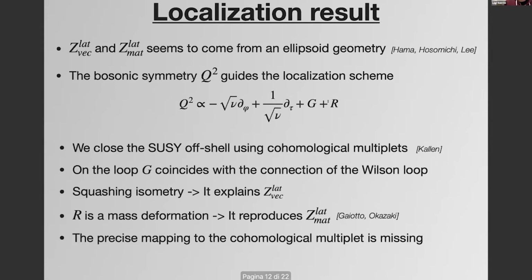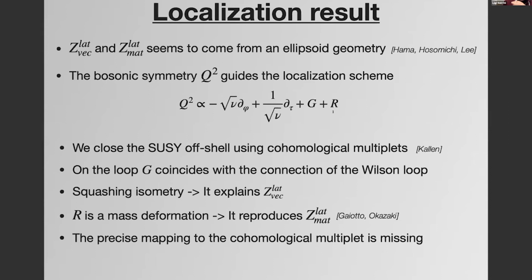So how can we argue that the one I showed before is the correct matrix model? The first step is to assume that an off-shell closure for this localizing supercharge is possible, and it's possible using these cohomological multiplets introduced by Closset.